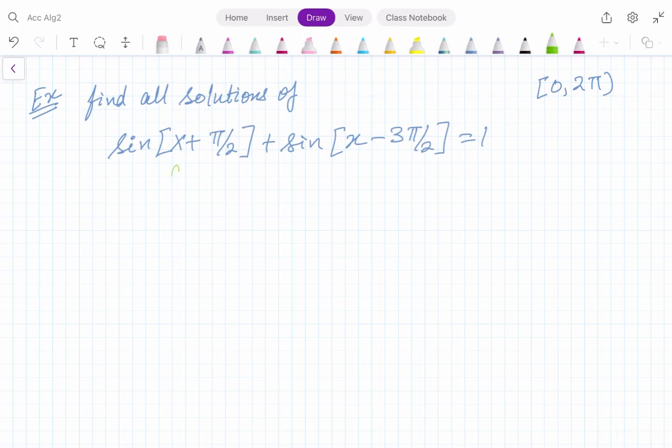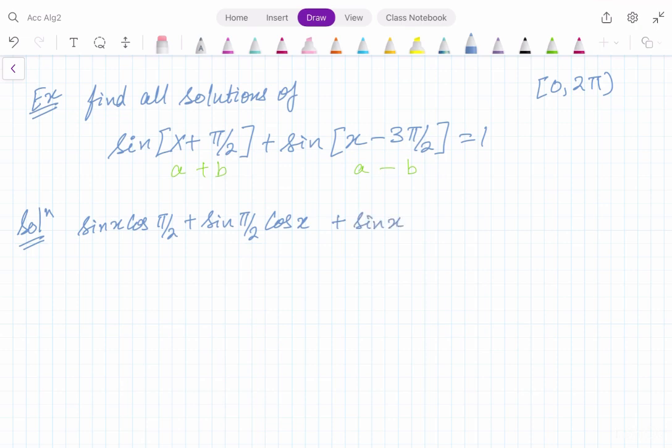So we have sine A plus B format, and then we have sine A minus B format. You know the rhythm. Sine goes along with cos. Sine A cos B plus sine B cos A. We will do the same thing again, this time with minus: sine A cos B minus sine B cos A, and everything equal to 1.